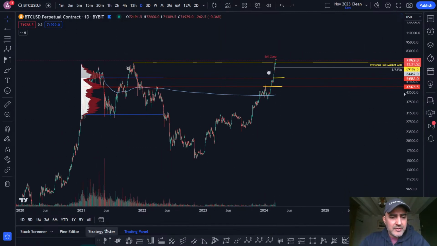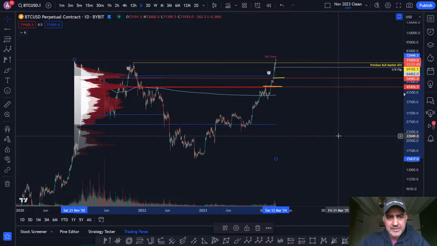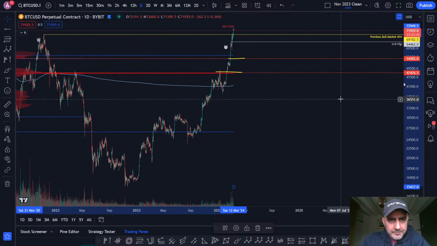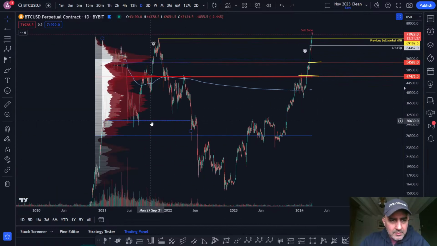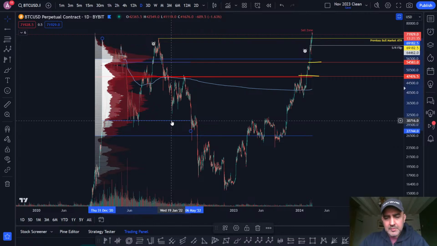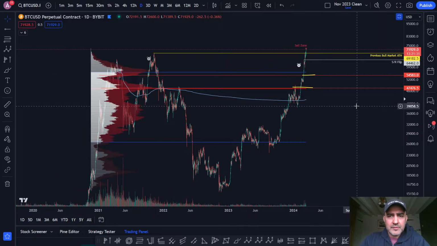And then the other thing is, let me do a volume range pool on the whole thing. Let's just say the whole thing is one big range and see where the overall range volume is. Delete that one. Okay, you see this? This is the overall volume range.